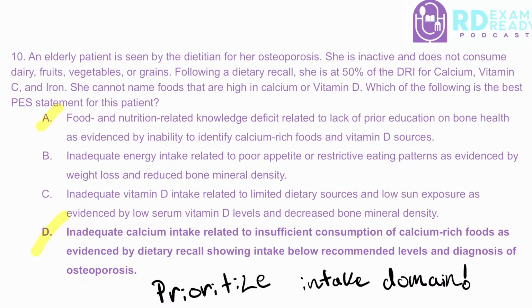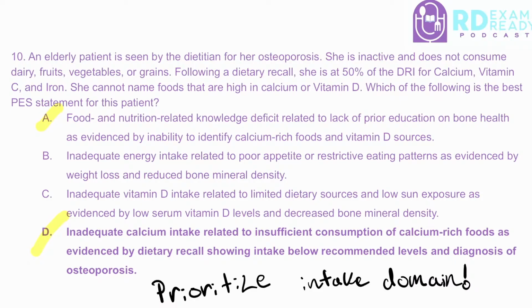She has inadequate calcium intake, which we saw because she is at 50% of the DRI. We know that it's insufficient consumption of calcium rich foods because she doesn't eat dairy, vegetables, or grains. And the dietary recall pointed out that she's only at 50% of the DRI for calcium.